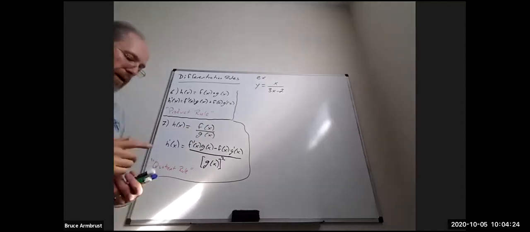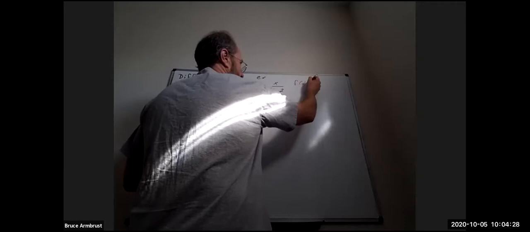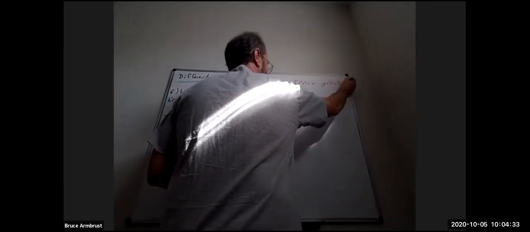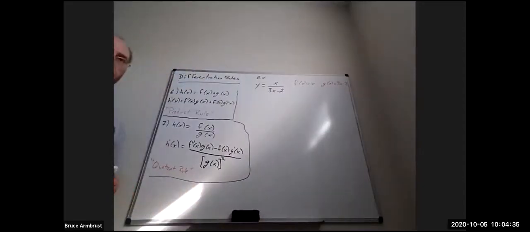For this formula, f is the one on top. So we're going to have f of x equals x, and g of x equals 3x minus 2. So according to our formula, that's f and g. So I need both of their derivatives.